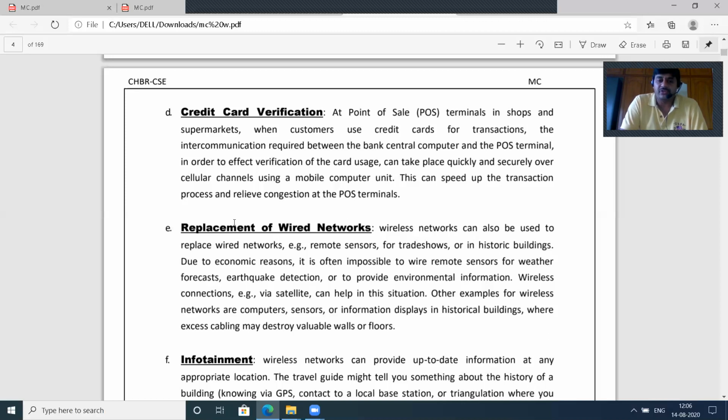To avoid these situations, we will use satellite communication. If we use a cable, we need to destroy the historical places, buildings, walls, the valuable walls, floors, etc. To avoid the situation, we need a replacement of wired networks, that is, we need to introduce a wireless network.